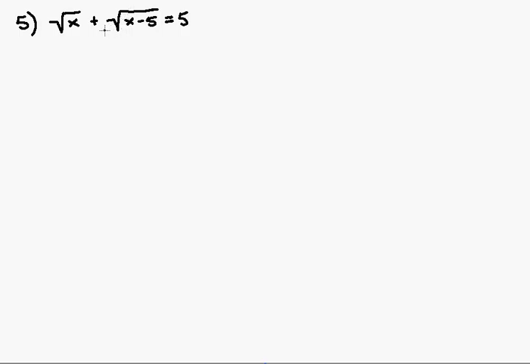So I'm going to isolate the square root that has the most stuff in it first. So I'm going to subtract the square root of x from both sides of the equation.